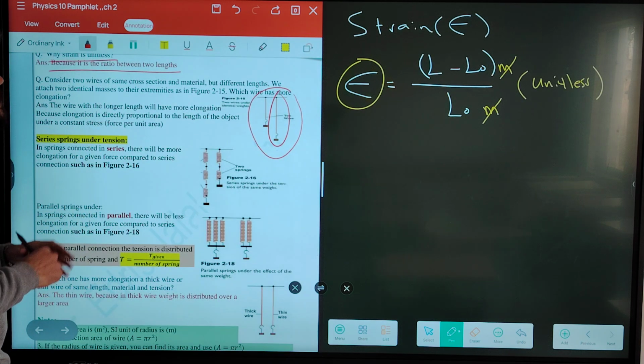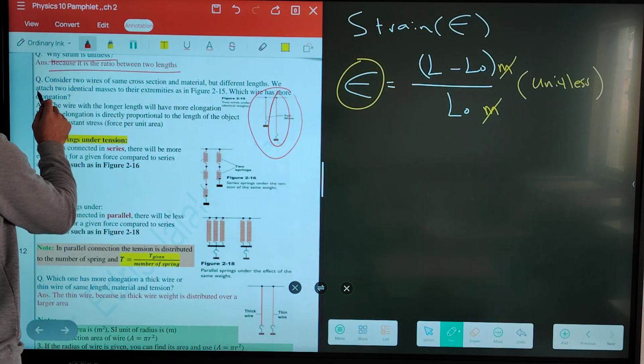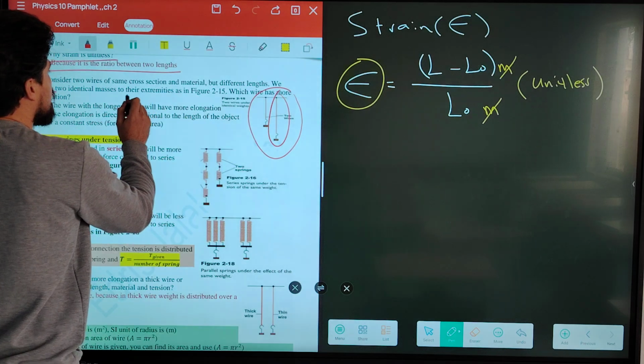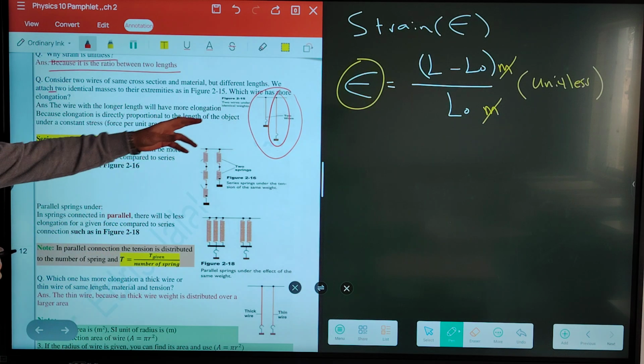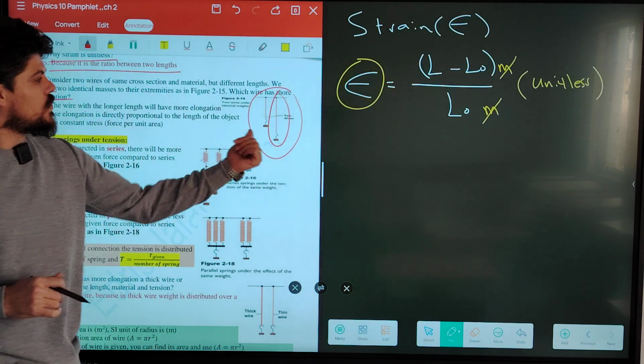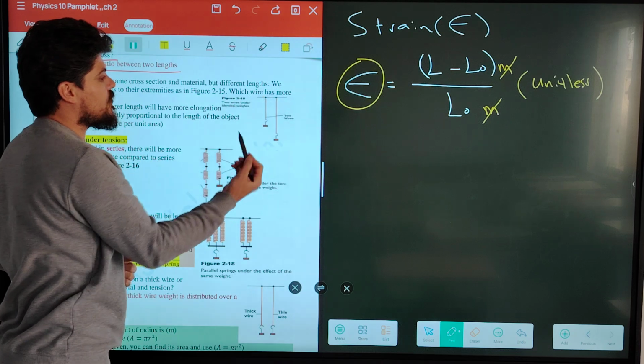Consider two wires of the same cross-section area and material, but different lengths, attached to two identical masses, same tension, to their extremities as in the figure 215 as shown here. Which wire has more elongation, guys? We have two wires, same tension, same material, but different length.